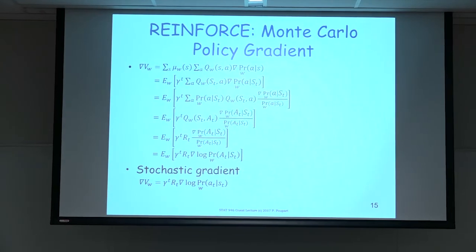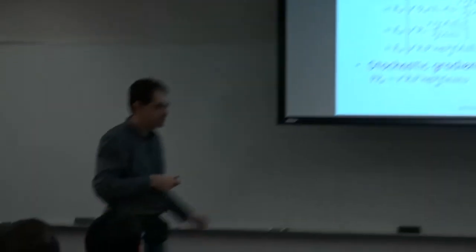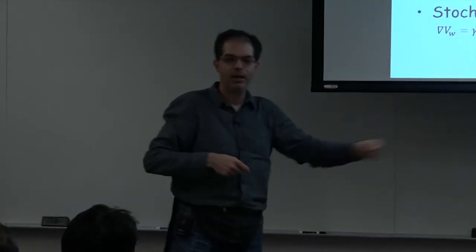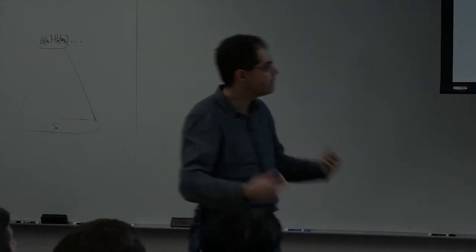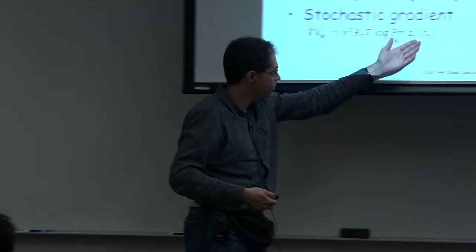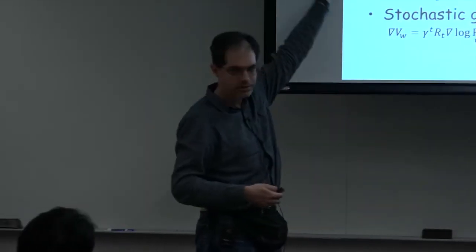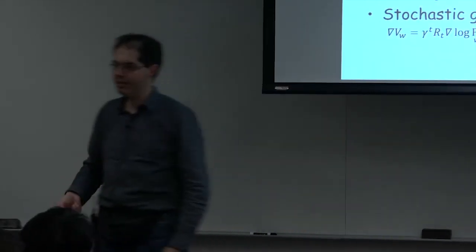Okay, so in my previous slides, when I explained how we could do a gradient update with respect to a policy, I was using this term here, and this is the derivation that you need to obtain that.